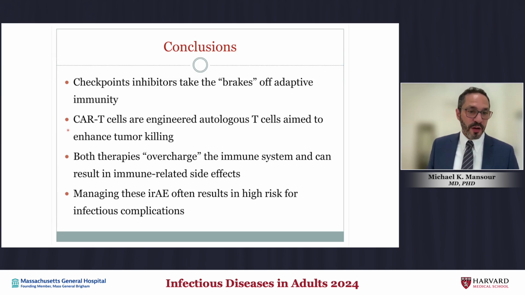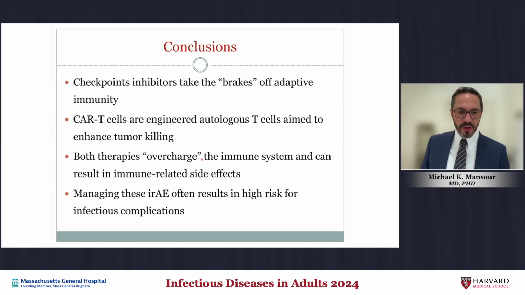In the cellular therapy world, we've definitely seen major impact in taking one's own T cells, adding and expressing these chimeric receptors, and we've seen this person's own T cells now enhance killing of lymphoma and multiple myeloma. Both of these therapies definitely overcharge the immune response.